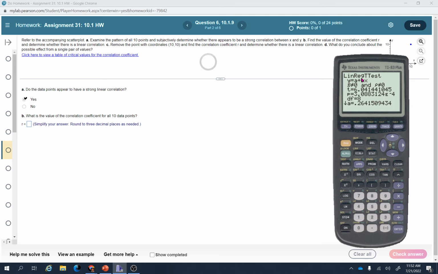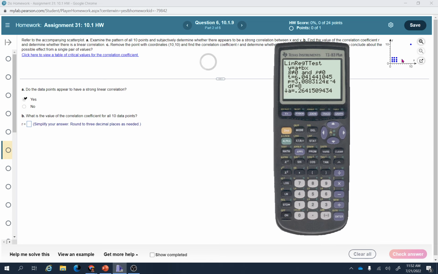By doing that, we find all the information. If y equals a plus bx is the straight line we can draw, we can find the values of a and b. The t is the t statistic, p is the p-value, df is the degrees of freedom, and a is the intercept of that straight line.